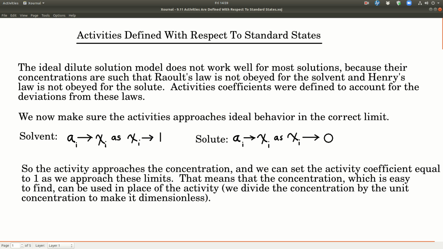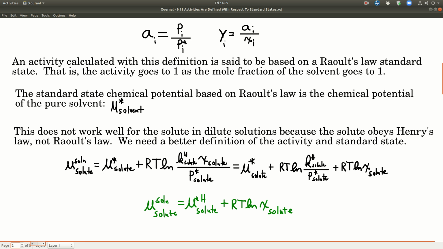We make the concentration unitless by dividing by a concentration of 1. So when we do it this way, the activity calculated with this definition, what we saw in the last section right up here, is based on the Raoult's law standard.